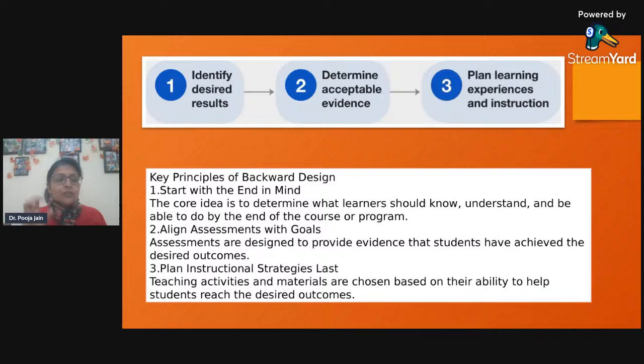And then I will try and align some assessments with those goals in mind, in the sense that how am I going to gather evidence that my children will know this? How will I know my children have known something? How am I supposed to know that if I have taught 3 poetic devices, my children have understood everything?